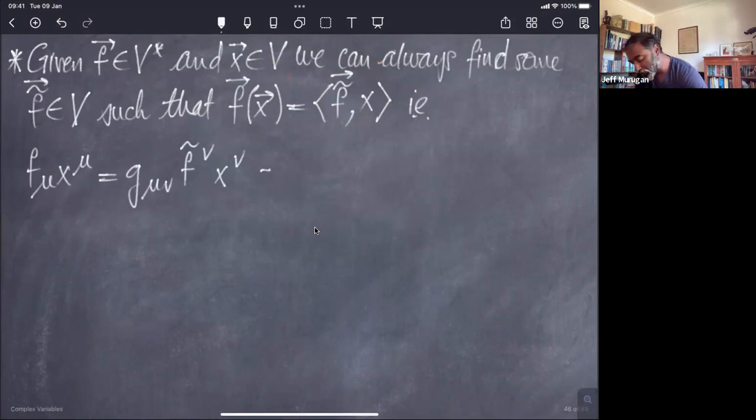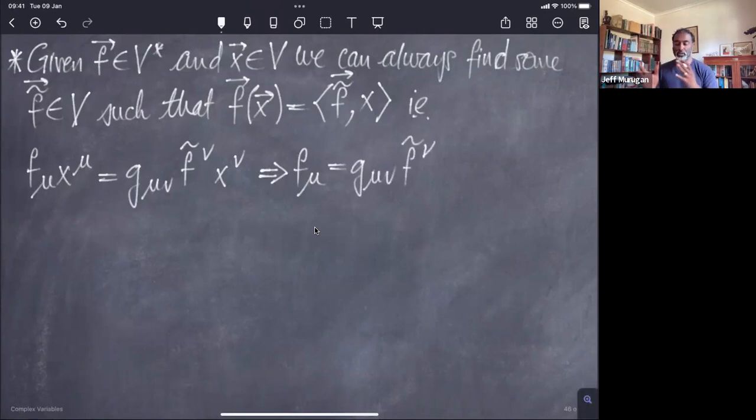But this means necessarily that f mu is g mu nu f tilde nu, because I can change indices. So just identifying the coefficients of x mu on both the left-hand side and the right-hand side.